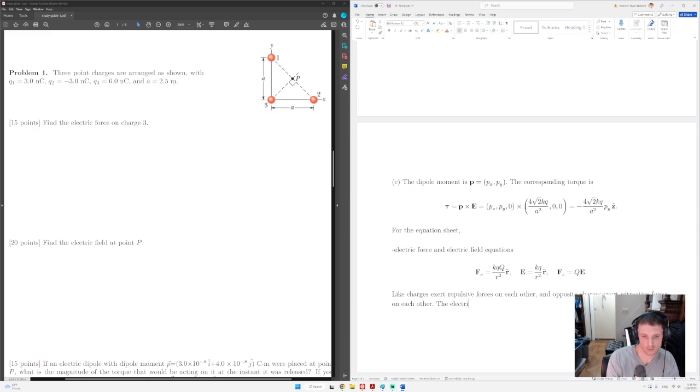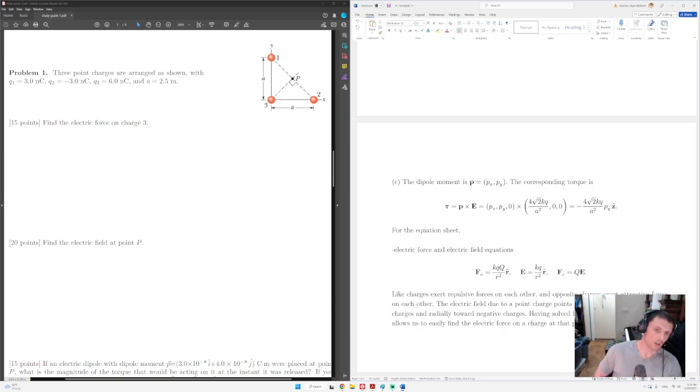The electric field due to a point charge points radially away from positive charges and radially toward negative charges. And finally, having solved for the electric field at a point allows us to easily find the electric force on a charge at that point.